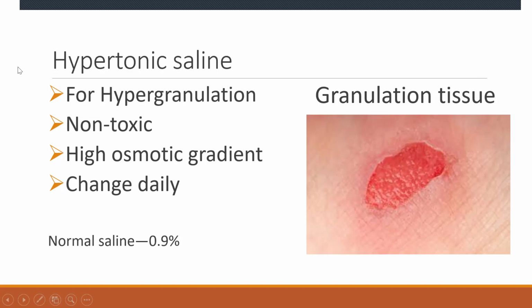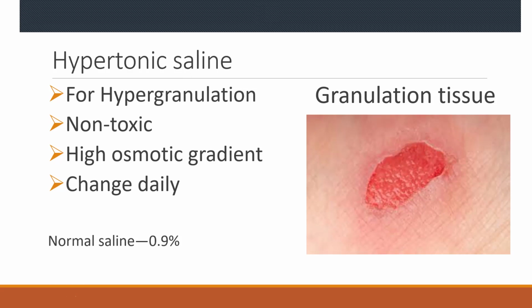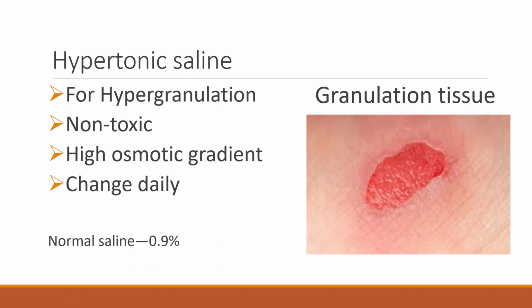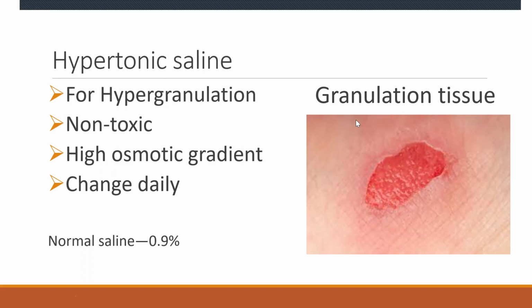So this is a higher concentration saline. Using it long term, normal saline can sometimes cause granulated tissue to form. Using hypertonic saline can reduce the granulation tissue because it offers a very high osmotic pressure.